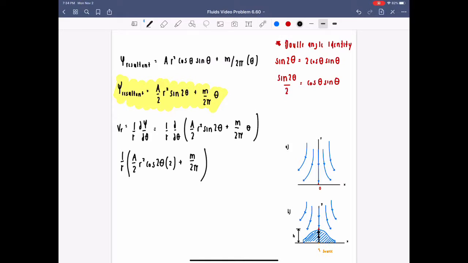And these 2's can actually cancel out, so you end up getting 1 over r times a r squared cosine 2 theta plus m over 2 pi. So that is our velocity in the radial direction.